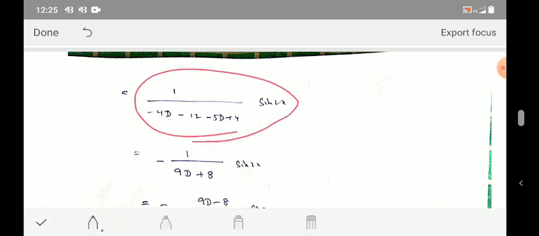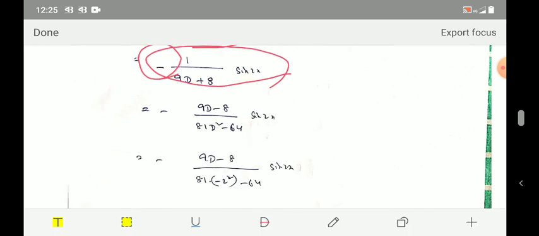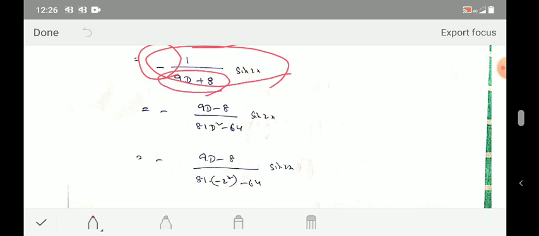that is minus of (9D plus 8) sin 2x. I have taken minus in common from the terms actually. Then there is 9D plus 8 in the denominator. Actually if we multiply by 9D minus 8 with numerator and denominator, then the denominator becomes a function of D square.